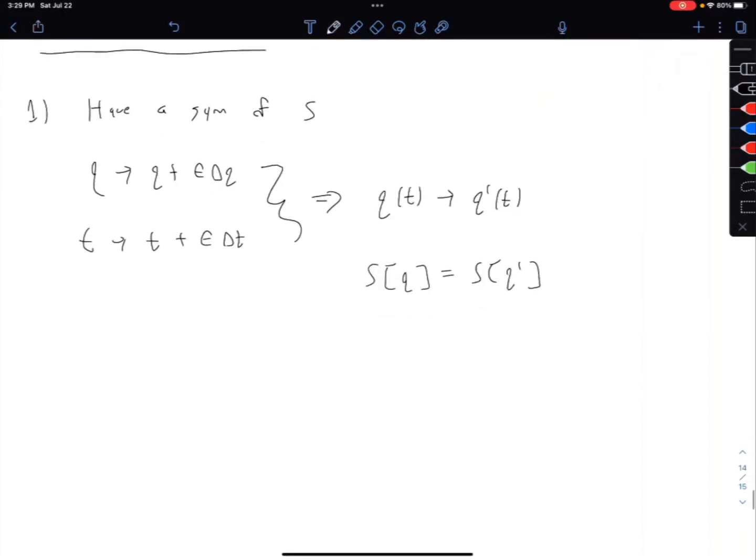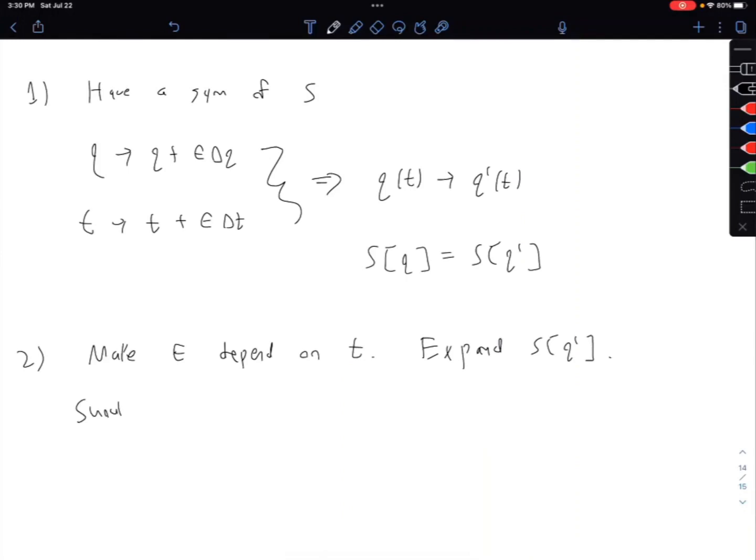Then what you do is you make epsilon depend on T and expand S of Q prime.